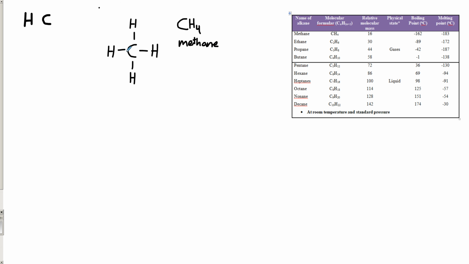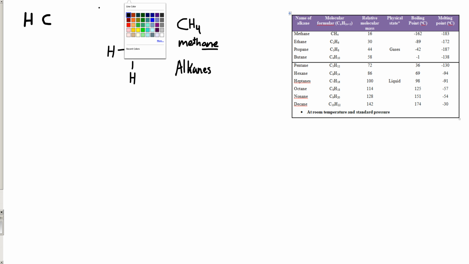Now, for all of the hydrocarbons that we talk about that do not contain any carbon-to-carbon double bonds or triple bonds, the ones that only have single bonds are in the category called alkanes. So here's methane, CH4.